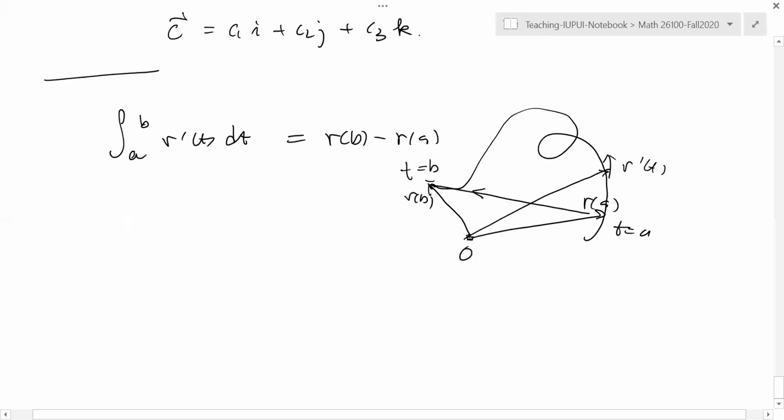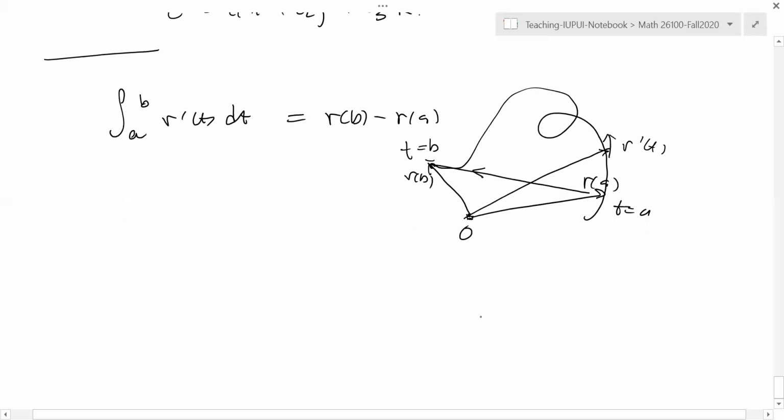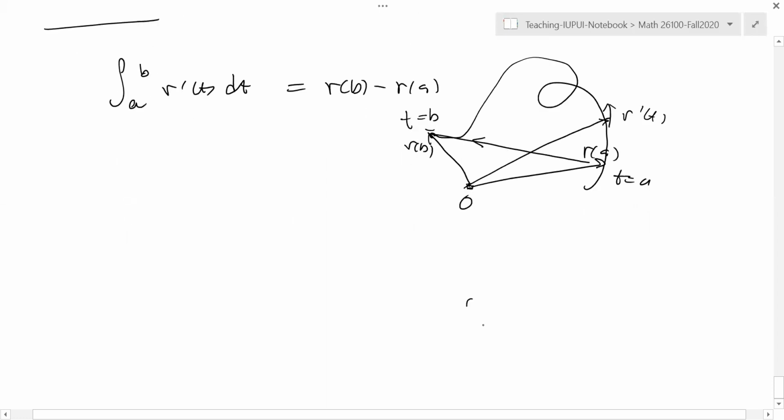If the curve is a closed curve, so it returns to the origin, then the starting point, t equals A, is also t equals B. It's closed.